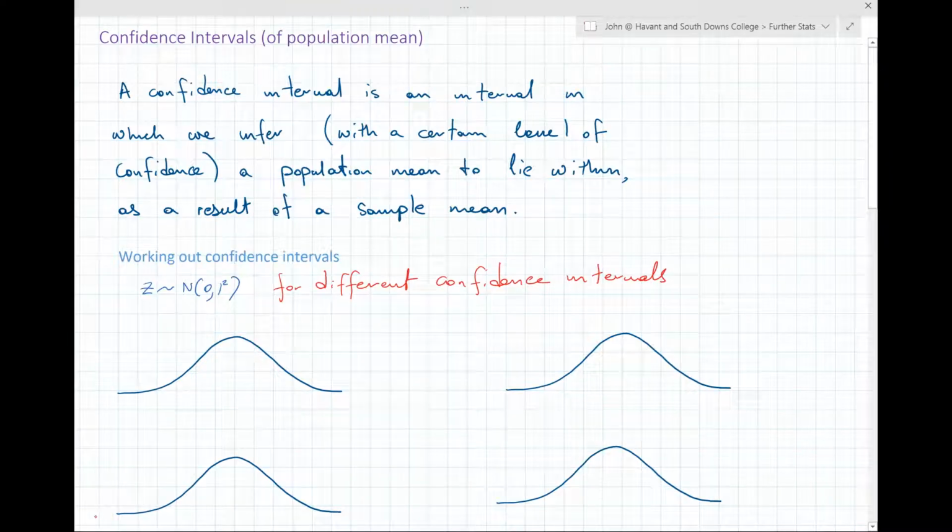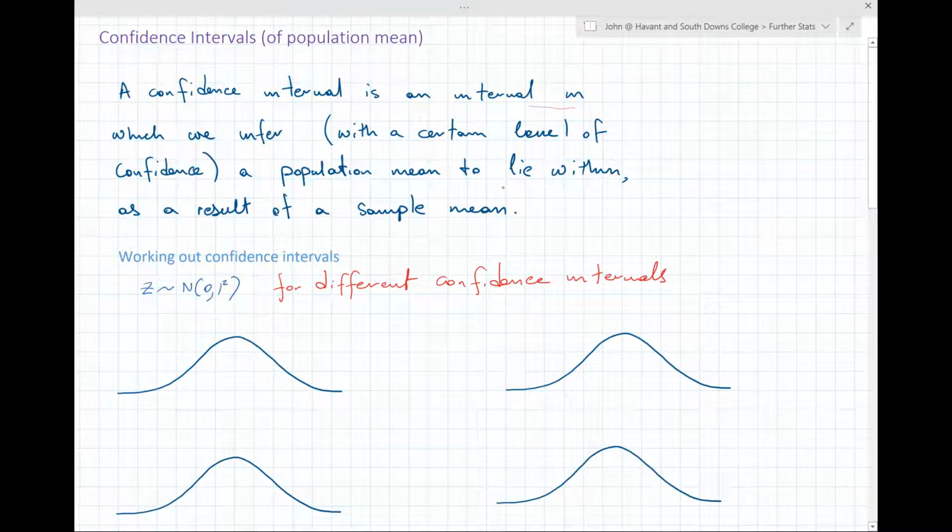Okay, so now let's get down into the nitty-gritty of how we actually calculate a confidence interval. Just a reminder of what one is. A confidence interval is an interval in which we infer, with a certain level of confidence, a population mean to lie within as a result of a sample mean. That's basically what we're doing.